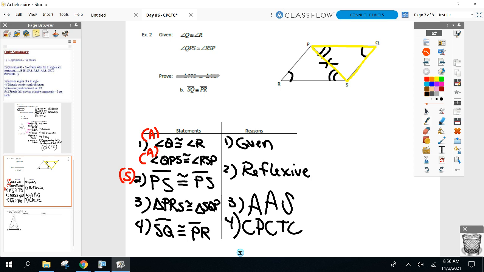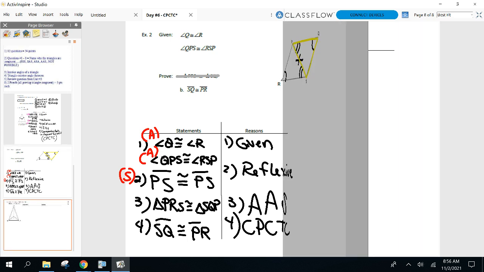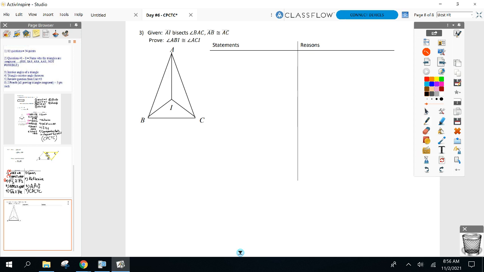But what happens now when I have a diagram that has multiple triangles in it, and I have to figure out on my own which 2 I need to prove congruent? All right, so I'll let you set up your givens and your markings, and we'll talk.